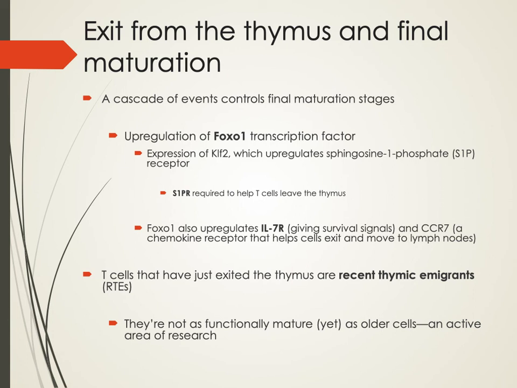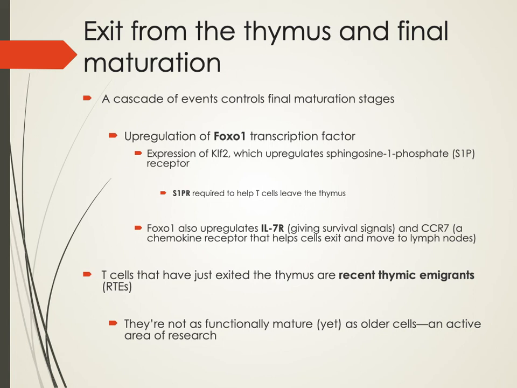receptors. Again, keeping in mind that these receptors allow for those single positive T cells to sense what's going on around them. S1PR is one of the critical receptors that needs to be present in order to allow the T cell to exit. So cells that have this mutated or deleted aren't able to actually exit the thymus.